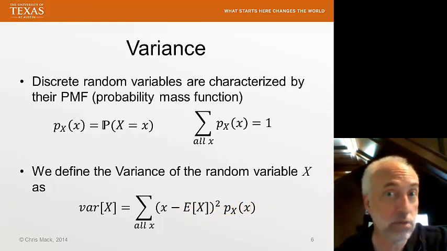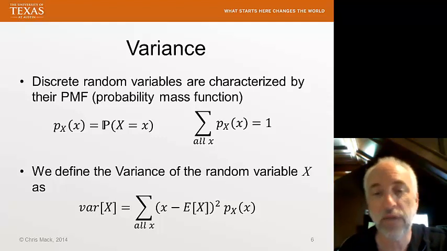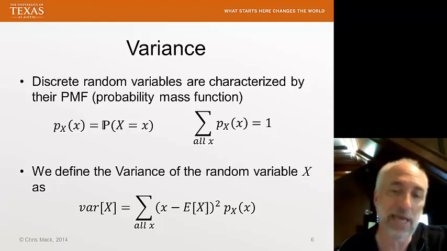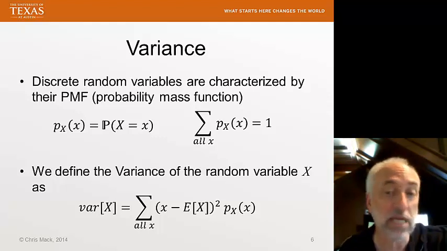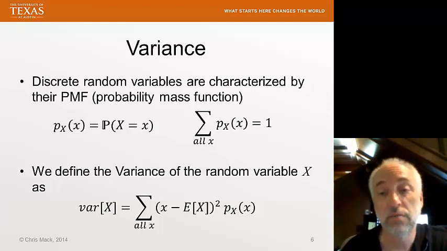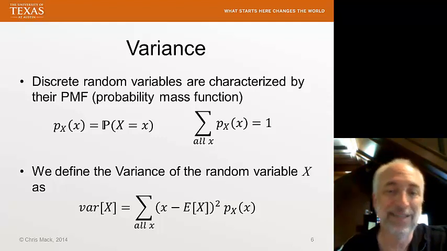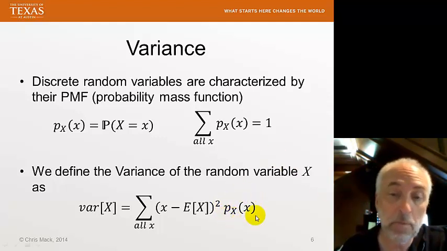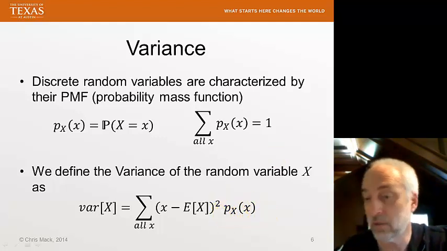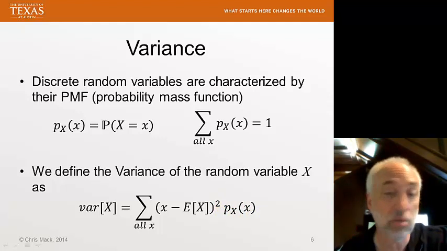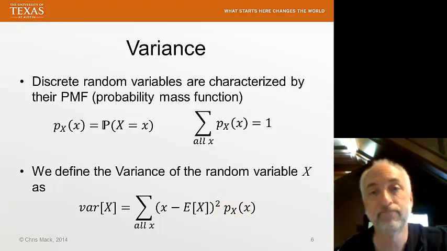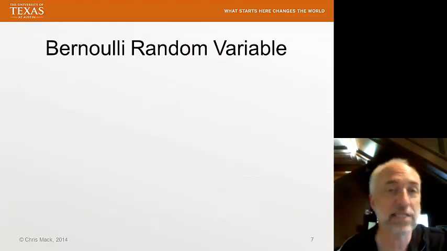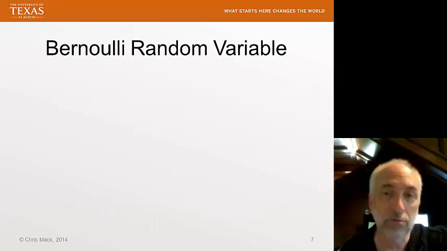Hopefully this looks familiar with how we normally think about calculating variance for experimental data, for example. Obviously they're related. But here we apply as a weighting the PMF of whatever distribution our variable happens to follow. Let's take an example. Bernoulli random variable.